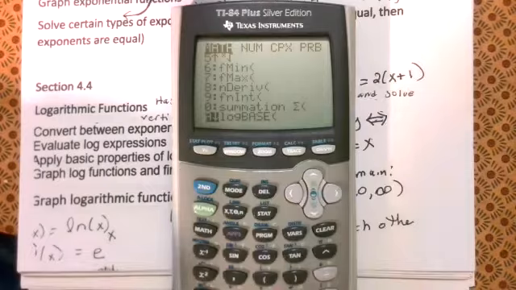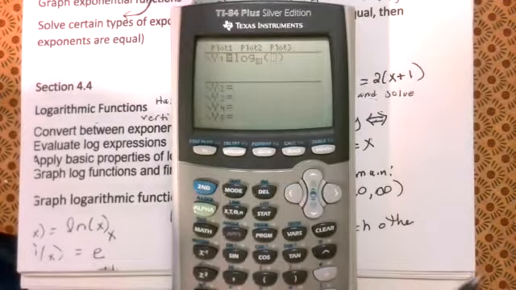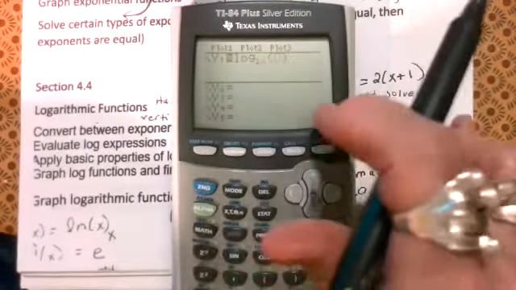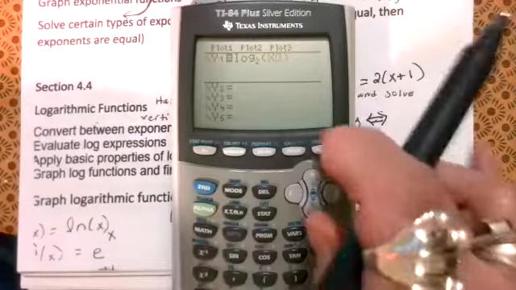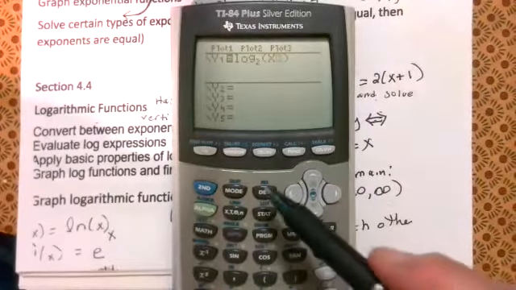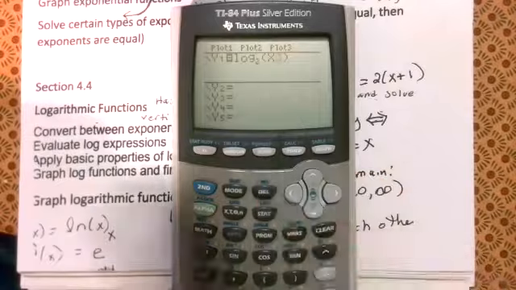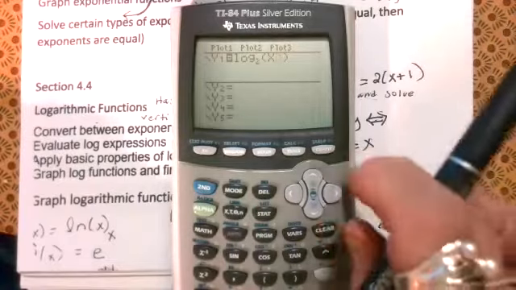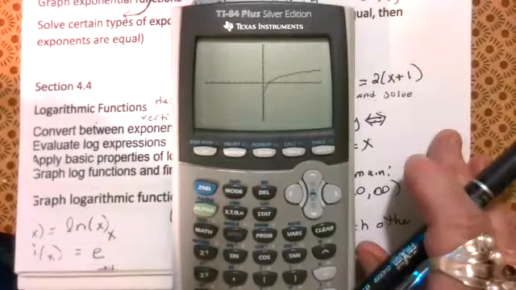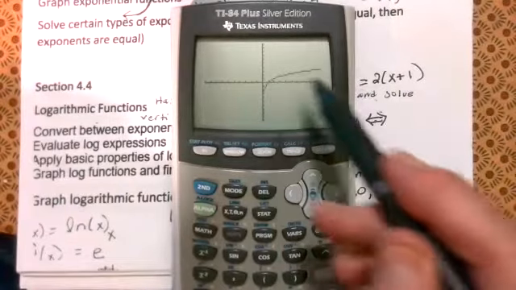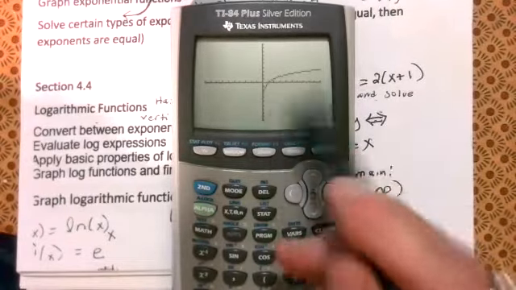Yeah, log base. And it'll let you enter the base. So let's say we're going to do log base 2. And this is on the newer calculators. On the older calculators, you'd have to use a change of base formula, which is covered in one of the videos as well. But that's log base 2.